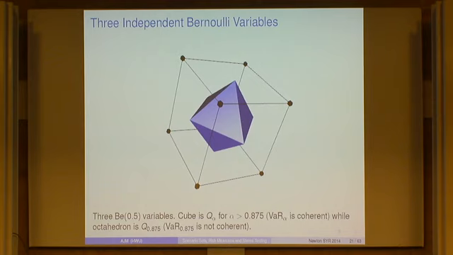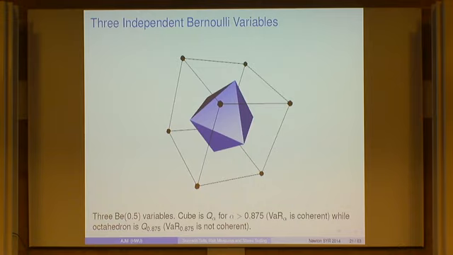Take another example. So instead of just working in 2D, I can show you pictures of 3D. So 3 independent Bernoulli variables. In fact, they are Bernoulli 0.5 variables. So it's 3 coins, if you like, independently tossed. We could generalize this to be 3 bonds with small default probabilities. We could even make them dependent.